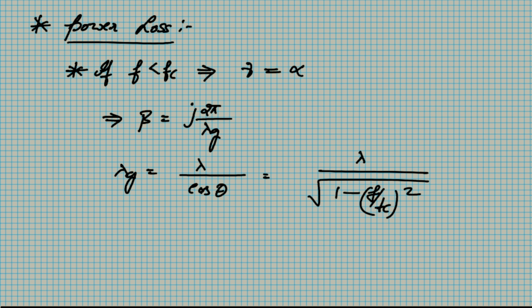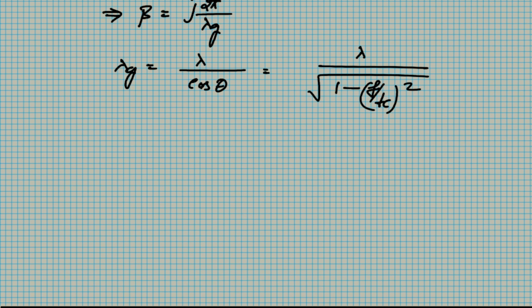So that's one way of representing this. All right, now let's see what is the cutoff value of attenuation, in the sense the value of attenuation at lambda c.